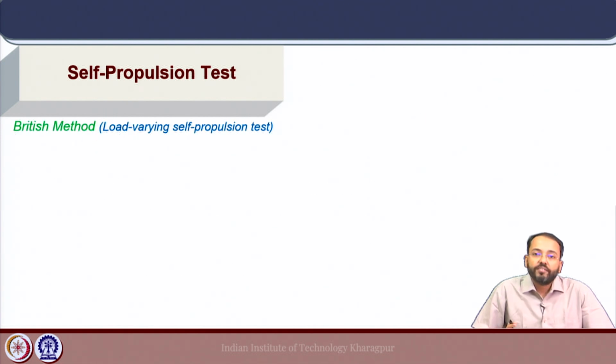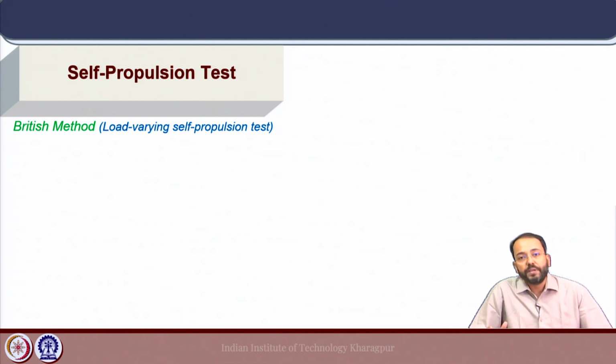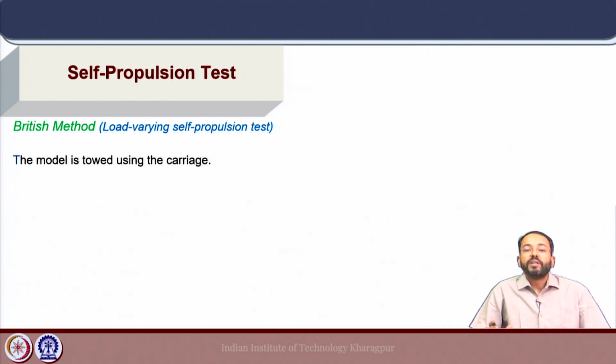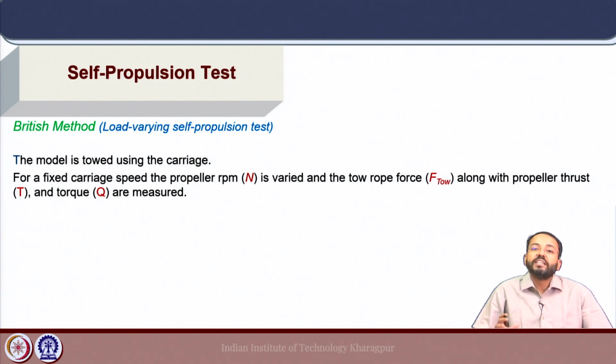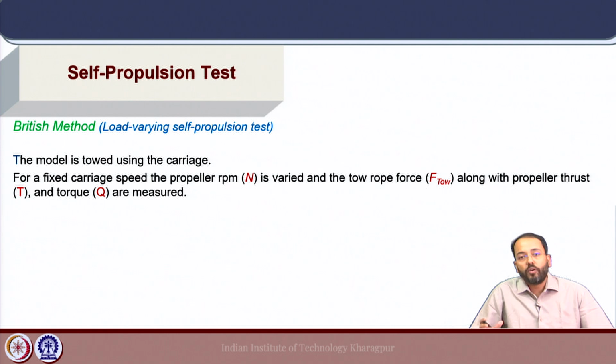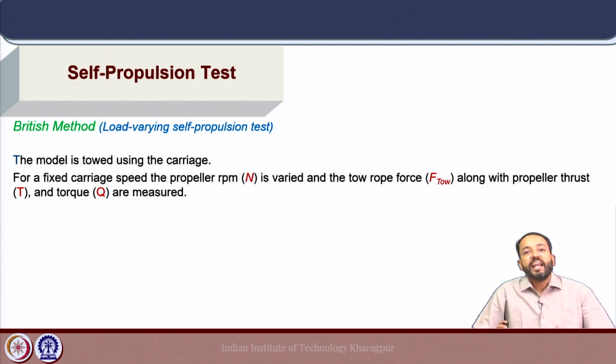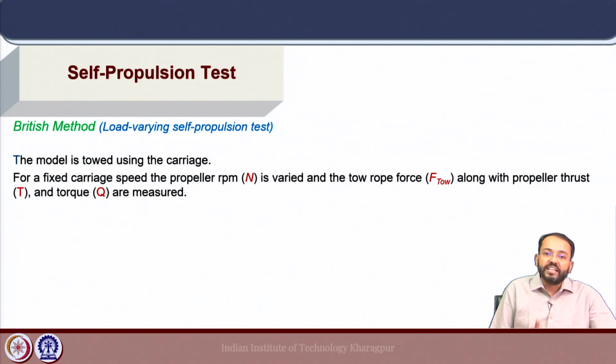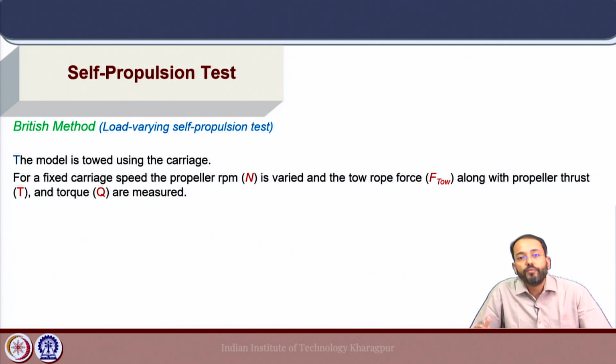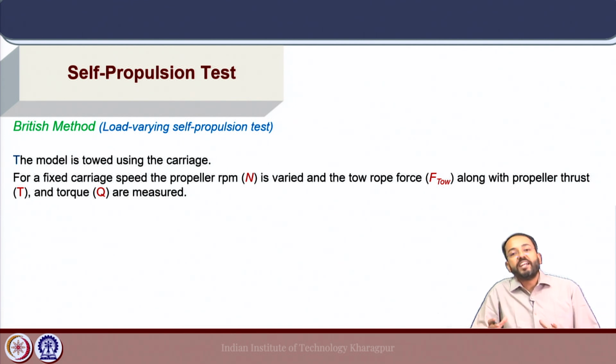In the other method for self propulsion test, which is also called the British method, we vary the propeller RPM. So, the model is towed using the carriage which is on the towing tank, and for a fixed carriage speed the propeller RPM is varied, and the model is connected to the carriage using the resistance dynamometer.